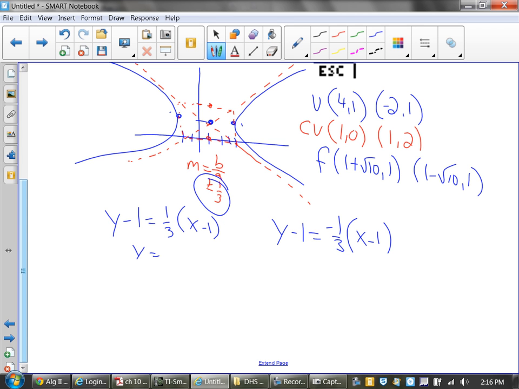So you get y equals 1/3 x plus 2/3, and y equals negative 1/3 x plus 4/3. And those would be our two equations of asymptotes. Hyperbolas have a ton of stuff that you have to label and put down. You have your vertex, covertex, focus, and the equations of the slant asymptotes.